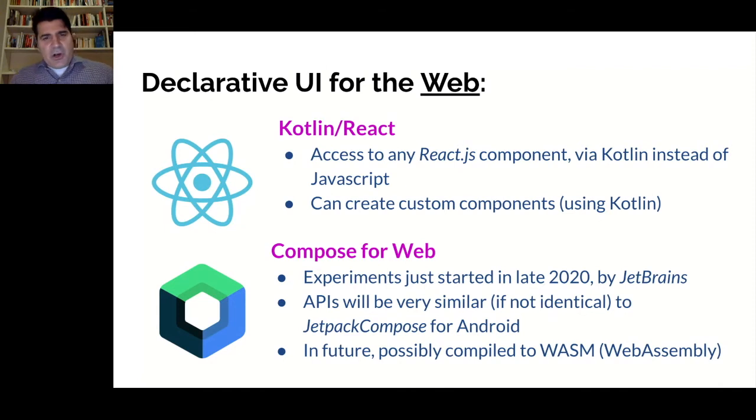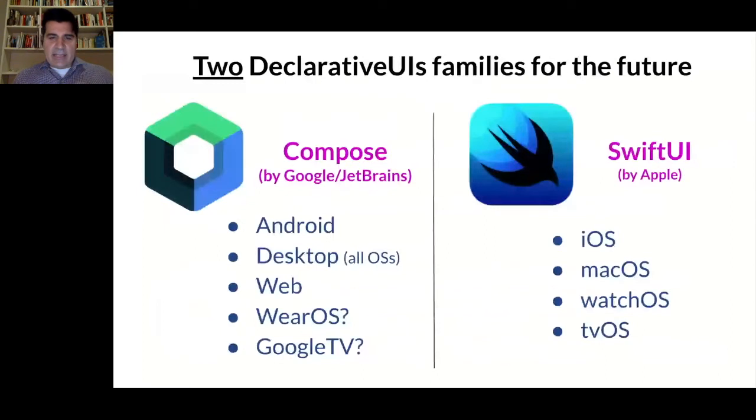So in the future, we can expect to have two families of declarative UIs. One is Compose by Google and JetBrains, and one is SwiftUI by Apple. With Compose already, we are able to develop Android apps and also desktop apps. There are already previews, and you can already build desktop apps with Compose for all operating systems: macOS, Windows, and Linux.